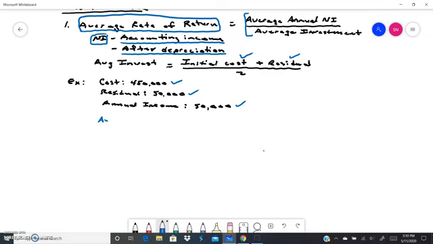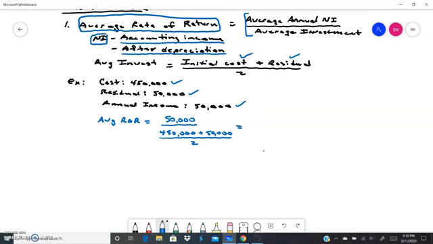So our average rate of return calculation would simply be the average annual income of $50,000 divided by the average investment. And again, average investment would be the initial cost of $450,000 plus the residual of $50,000 divided by 2.